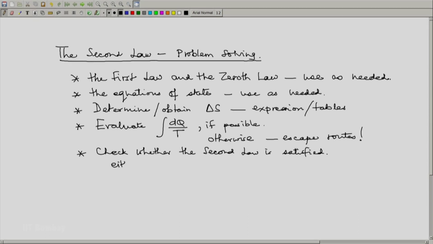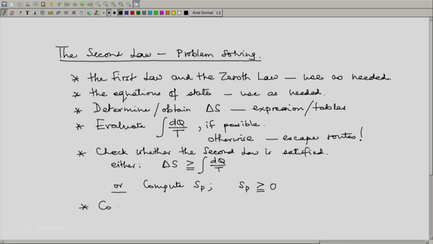That means either check that delta S is greater than or equal to the integral of dq by T, or compute the entropy produced, and then Sp should be greater than or equal to 0.